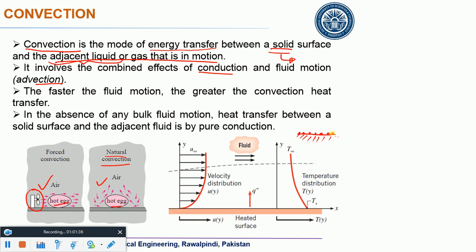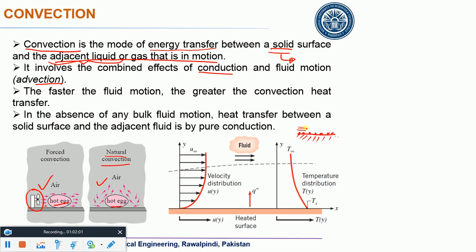What would be the velocity of these molecules? Obviously equal to the velocity of the solid. You remember the no slip condition? If there is no relative velocity between these molecules, the heat would be transferred through conduction only.